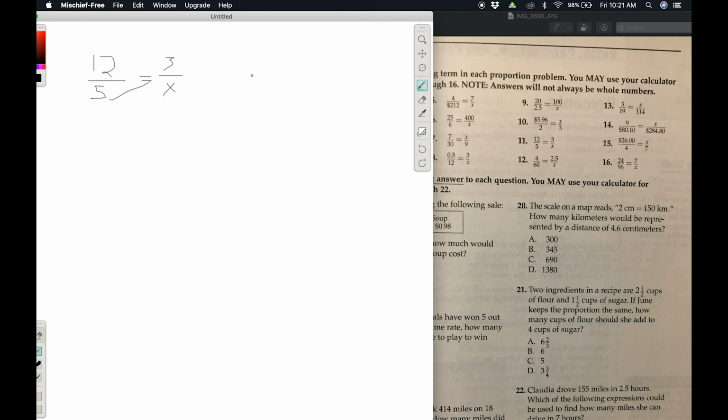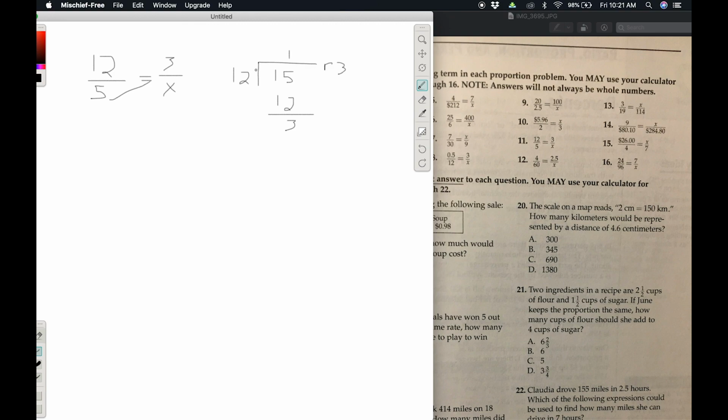Sorry, 15. It's going to be quicker for me just to write this out and bring up the calculator. That's why I'm doing it. 12 goes into 15 one time. 1 times 12 is 12. 15 minus 12 is 3. So we have 1 with the remainder of 3.